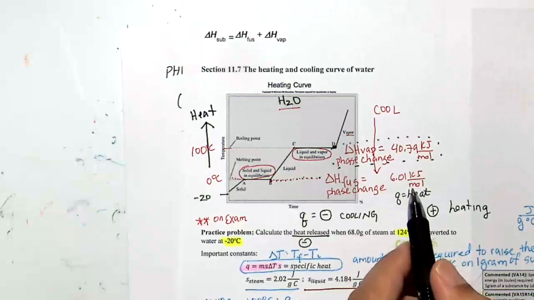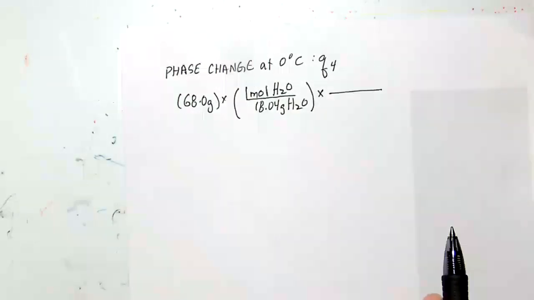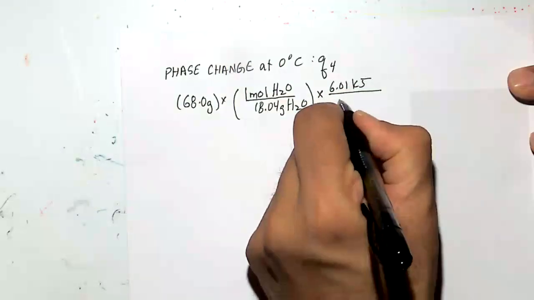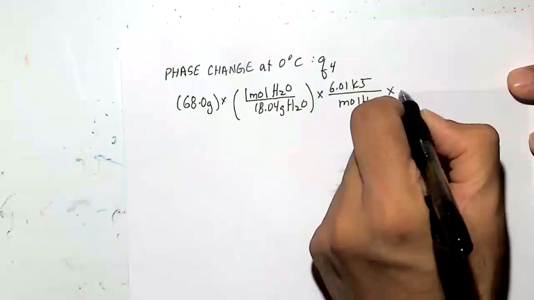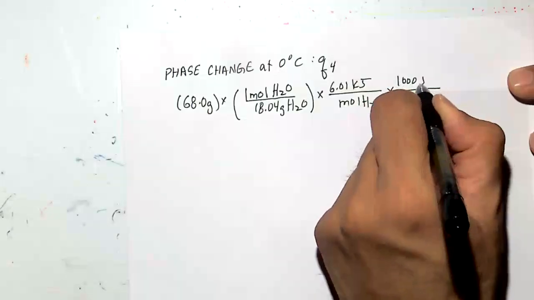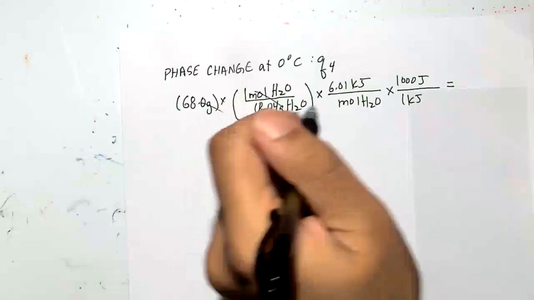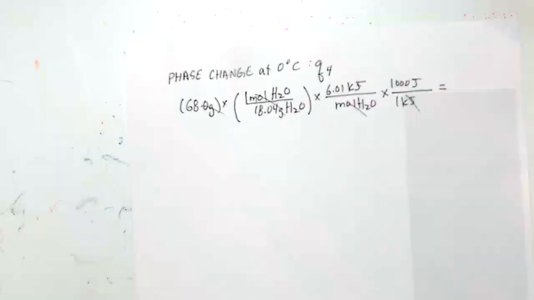Okay, this is the phase change, delta H fusion, which is 6.01 kilojoules per mole. I'll give you that on the test. So it's 6.01 kilojoules per mole of water. And if we want to convert it to joules, 1 kilojoule is 1,000 joules. Okay. So always cancel out your units to make sure everything is okay.